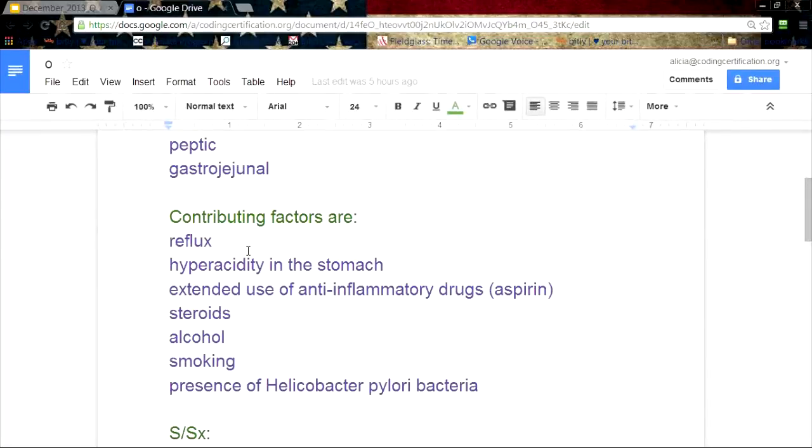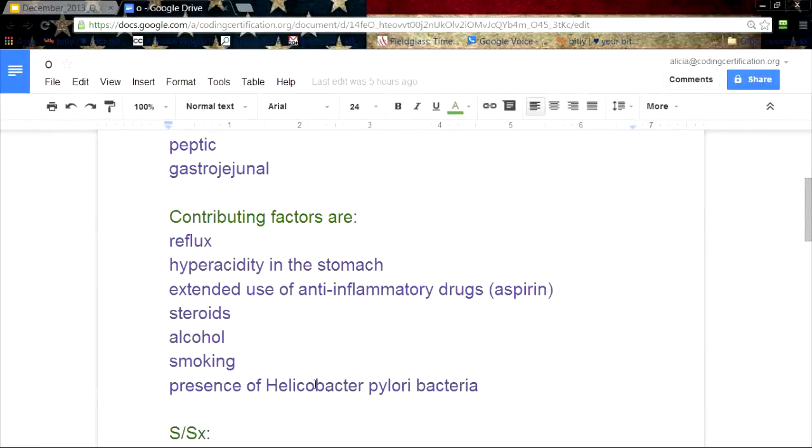So reflux, hyperacidity in the stomach, extended use of anti-inflammatory drugs like aspirin or even ibuprofen. There's a lot of arthritis medications that will be an influence. Steroids, alcohol, smoking, and presence of this Helicobacter pylori bacteria.